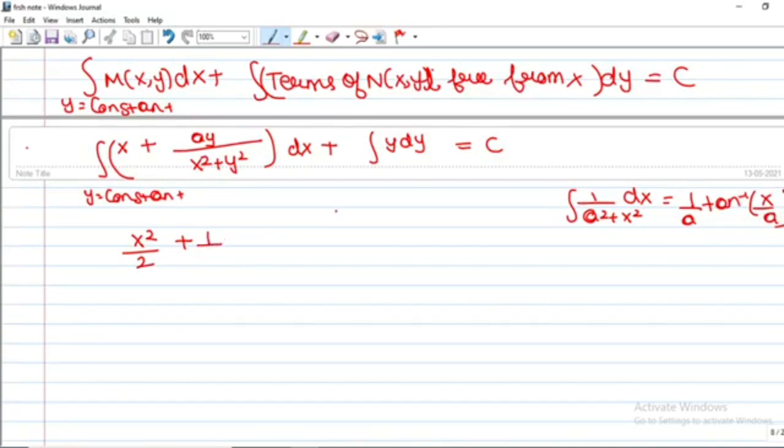Here it should be x and here it should be a, right?